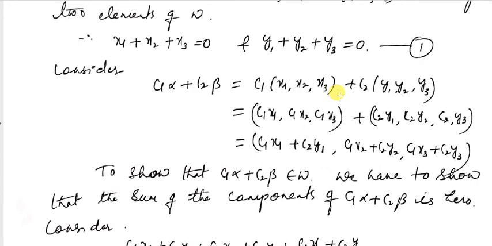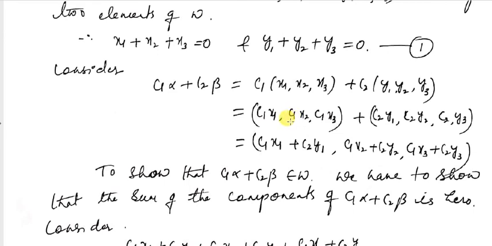Stepwise we have to do the simplification here. Multiplying C1 to each element of alpha and C2 to each element of beta, we get C1x1, C1x2, C1x3 plus C2y1, C2y2, C2y3. Next, component-wise addition.